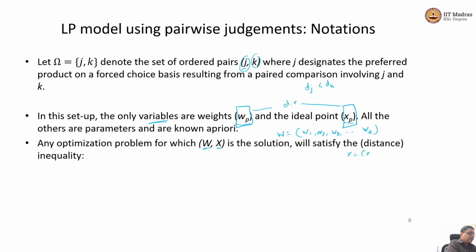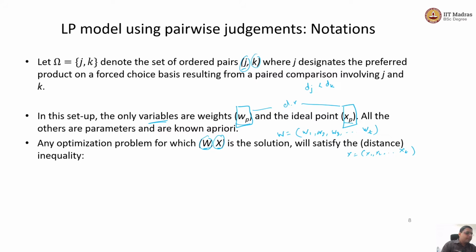X is also X1, X2, all the way to Xt, t-dimensional data. So I need to find the vector of weights assigned by the consumer to each of the attributes. X is the coordinate of the ideal point on each of the attributes.